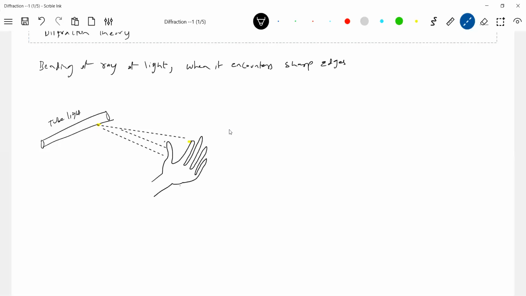So what is our hand? The hand is an opaque object. It will not permit the light to pass through it.